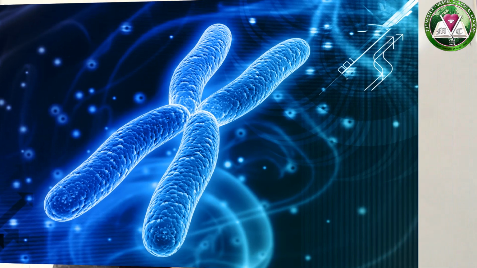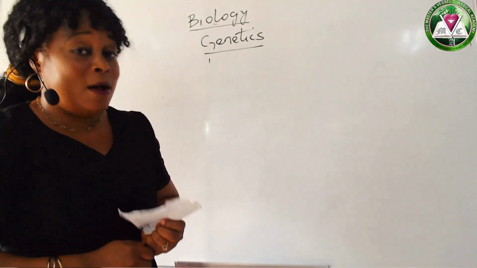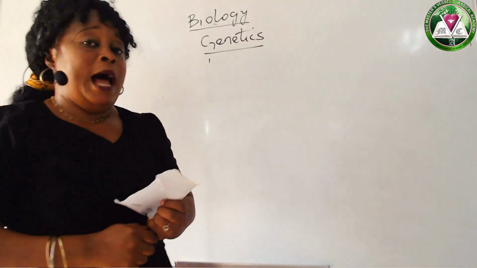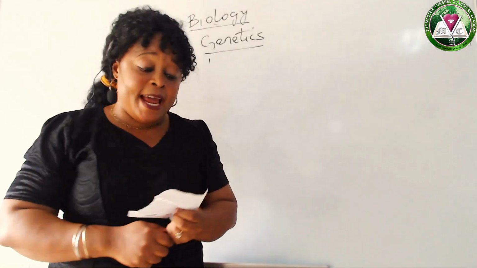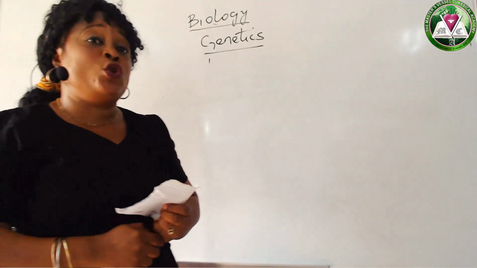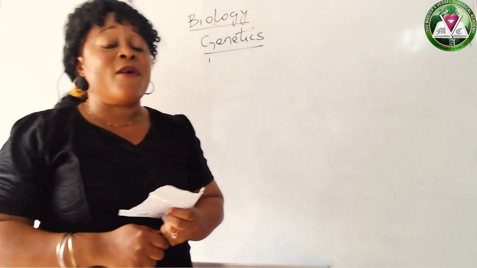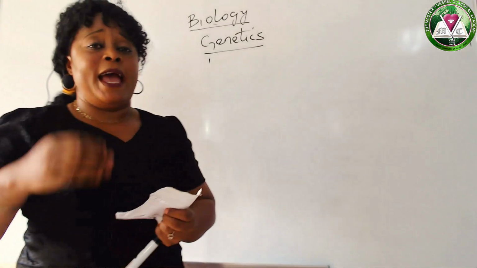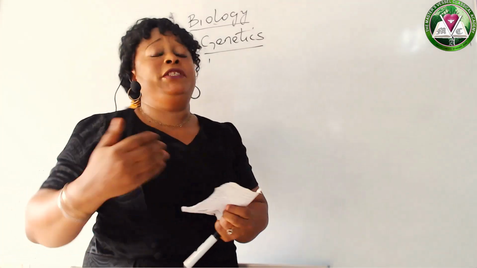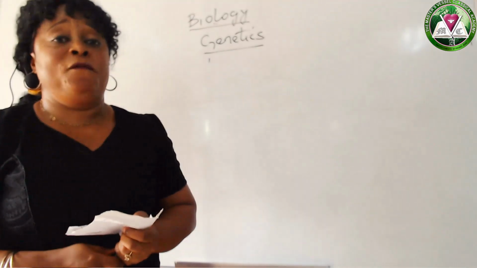Okay? Having discussed the position of the chromosome in the standard cell, and having also discussed where you find the DNA in the standard cell, and having told you the difference between the RNA and DNA, I am sure that when I mention RNA or DNA, there will no longer be any form of confusion.